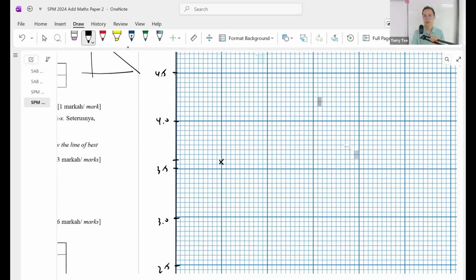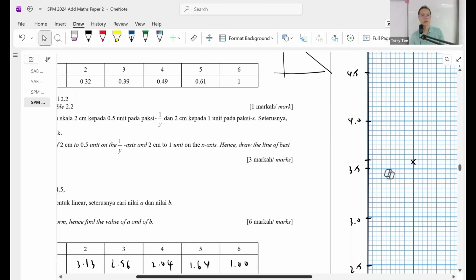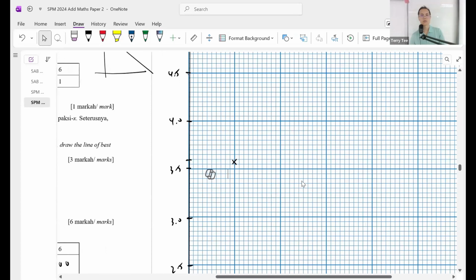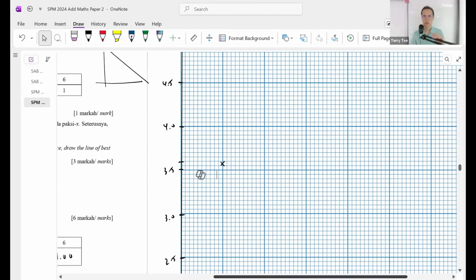Now, second point, you can read from your table, 2 and 3.13. 2 and 3.13. 3.1, 3.15, 3.13 is in between, so it's around here.